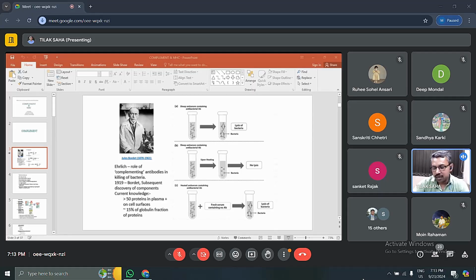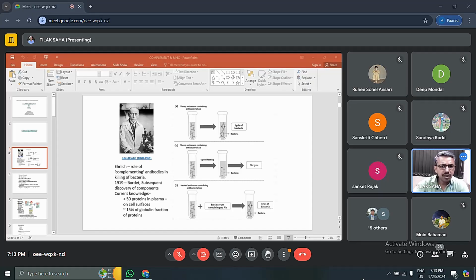Blood can be collected from peripheral blood vessels, and if this blood is kept to clot, the serum that is harvested afterwards contains the antibodies generated against the pathogen. The pathogen here is Vibrio cholerae.